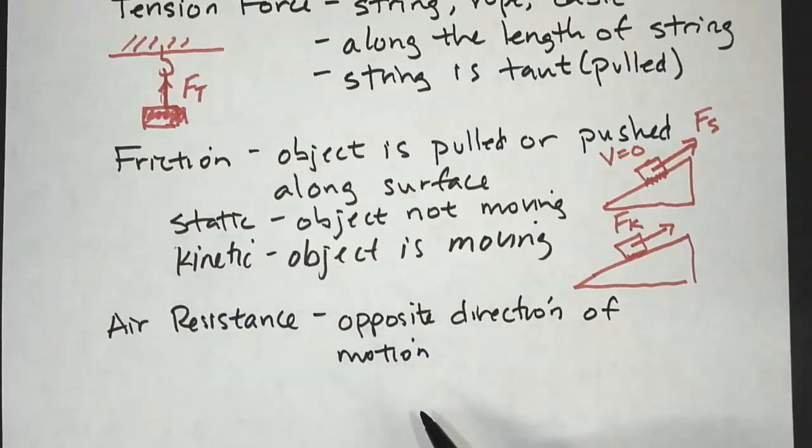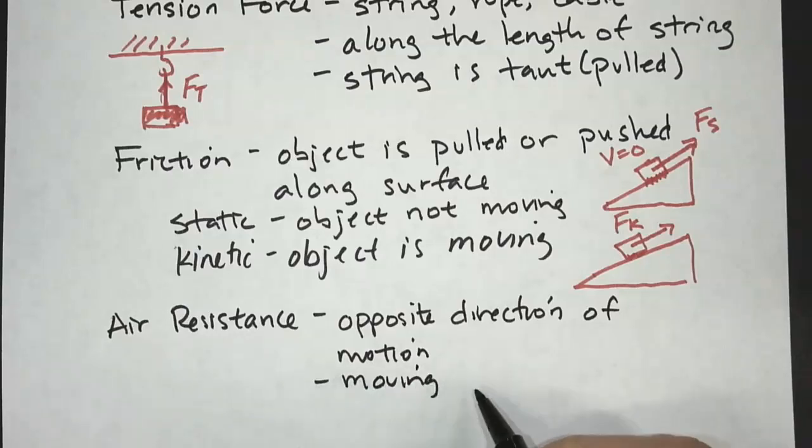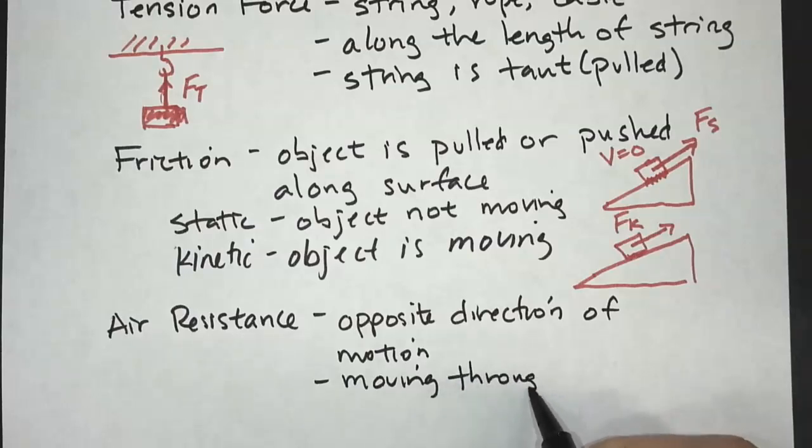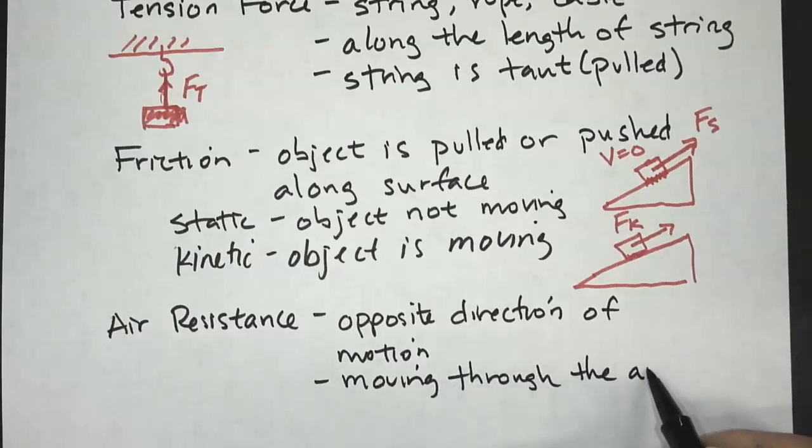Opposite direction of motion. So anytime an object is moving through the air, there will be some air resistance. And that air resistance will be in the opposite direction that it's moving.